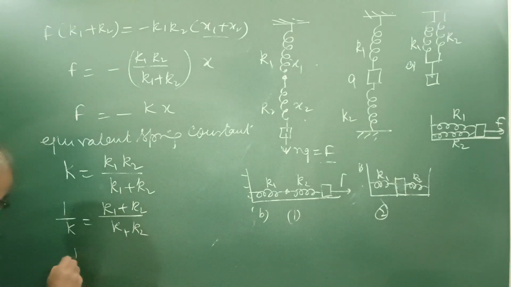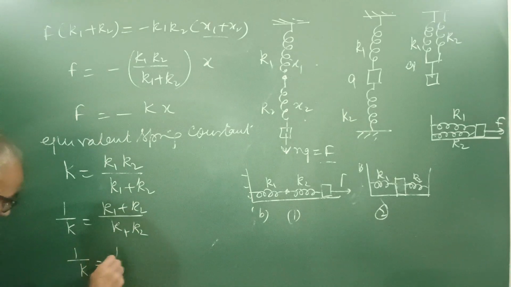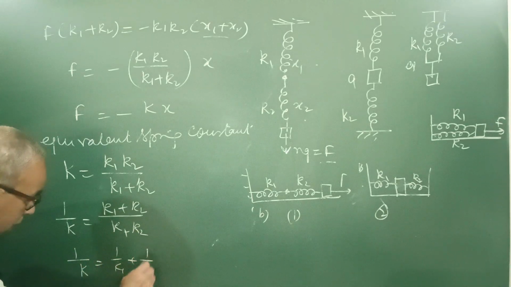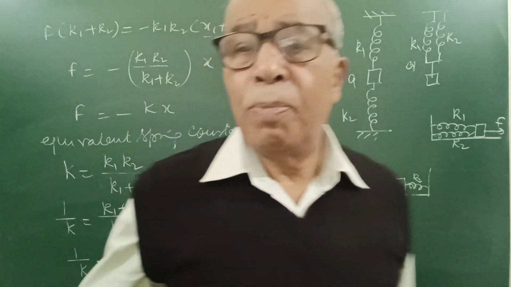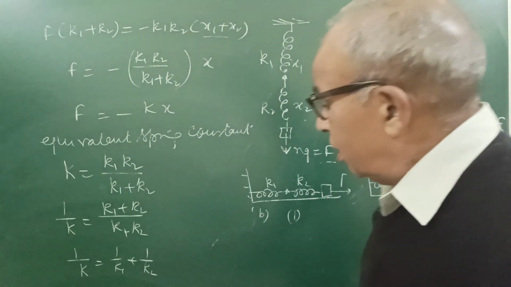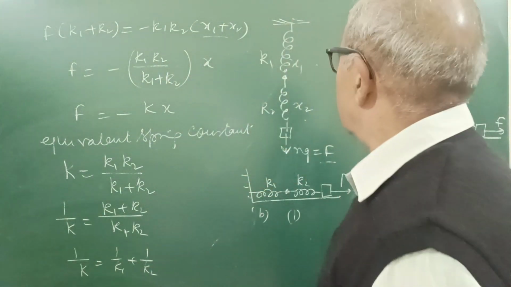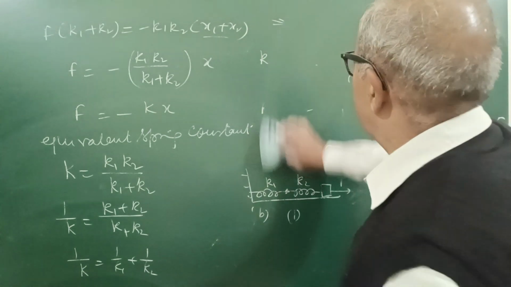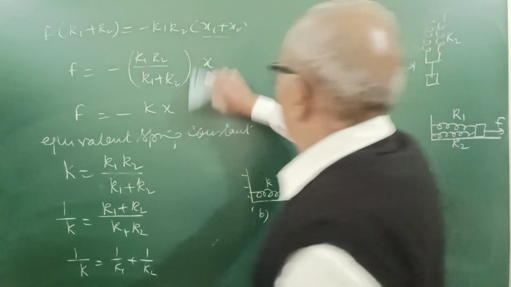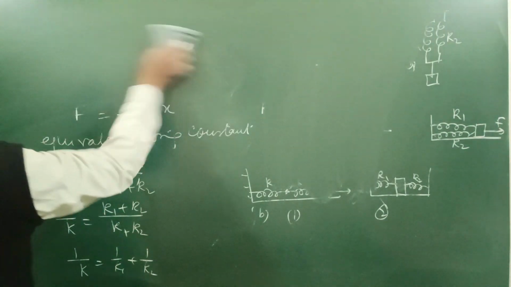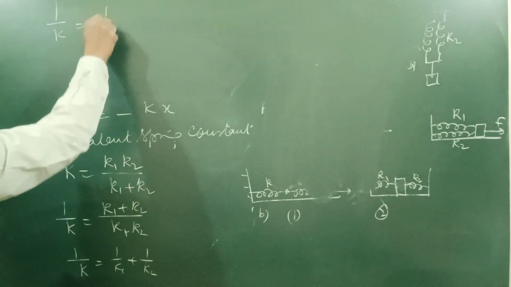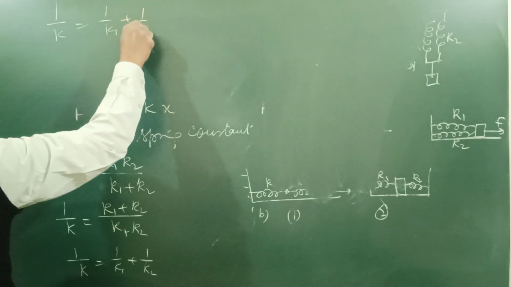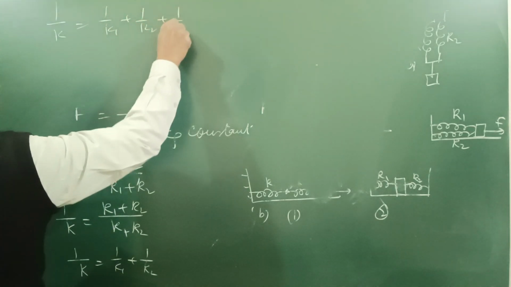So it will become 1 upon K equal to 1 upon K1 plus 1 upon K2. Why have I derived it like this? Suppose we connect more than two springs. If we connect more than two springs, the equivalent will be 1 upon K equal to 1 upon K1 plus 1 upon K2 plus 1 upon K3 and so on.